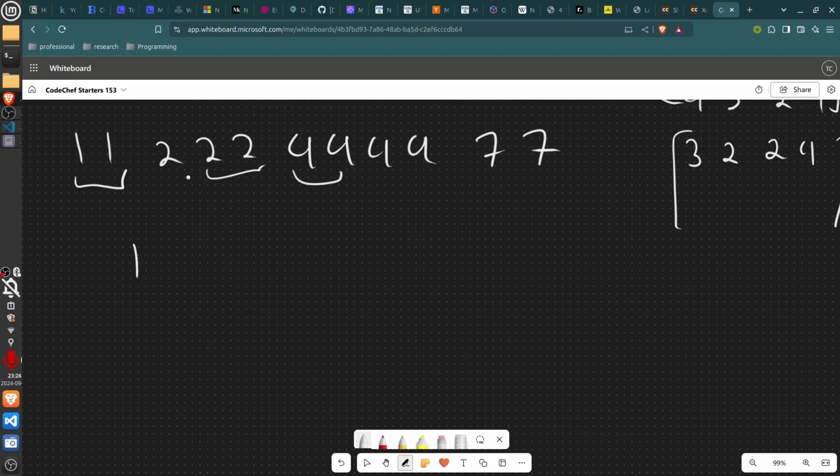There's one way. How many ways can I pick a pair here? There's 3 ways. How many ways can I pick a pair of 2 fours here? Well, there's 6 ways. Okay, so let's ask a question.